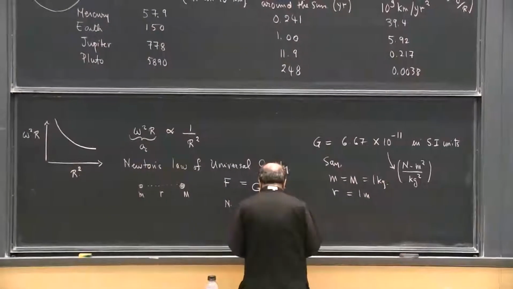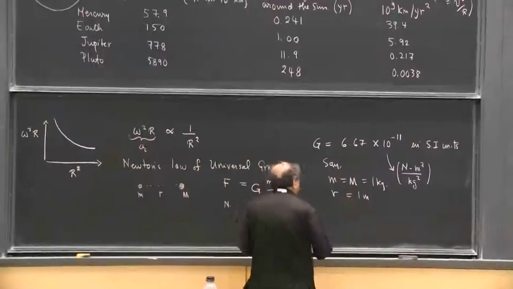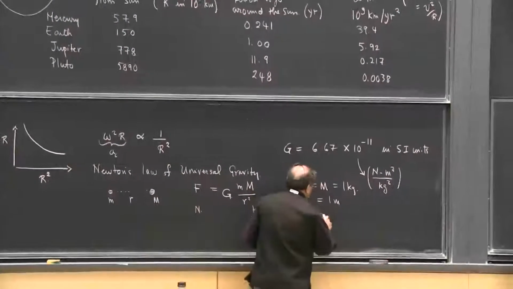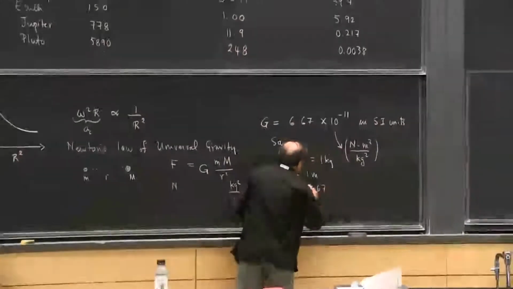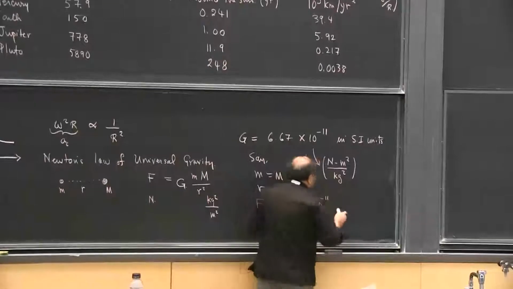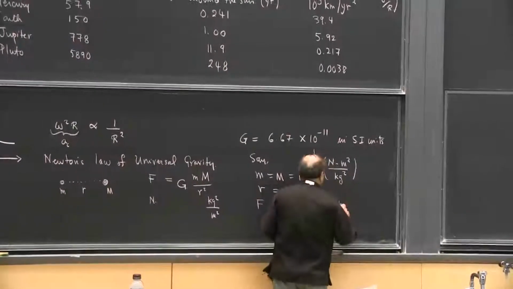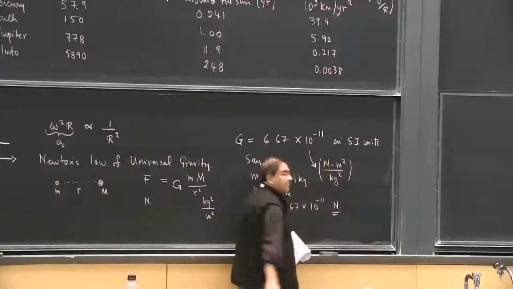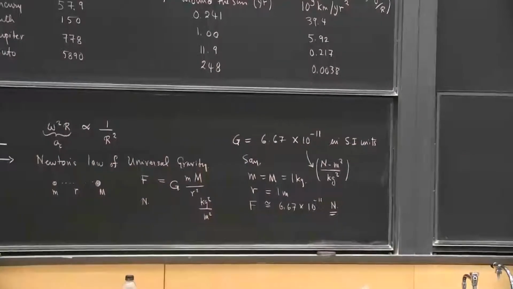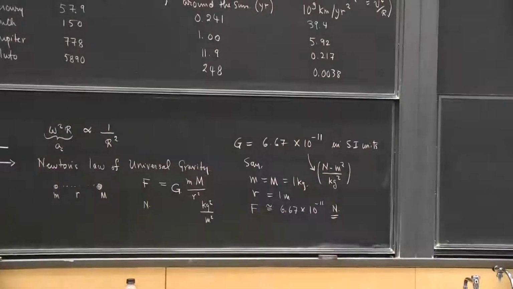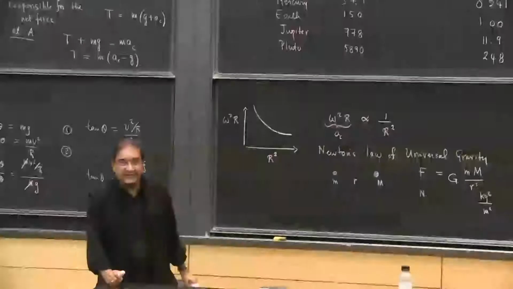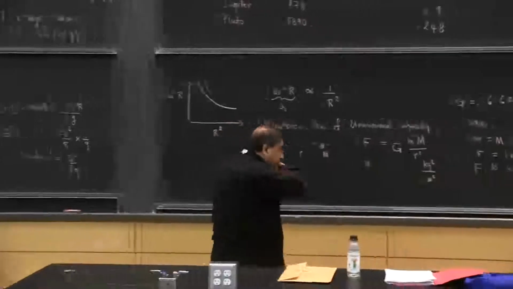Then the force between the 2 watermelons would be approximately 6.67 times 10 to the minus 11 newton. That's what it's telling us. It's going to be G. That's an extremely tiny force, and we can't feel it. Our brain, our sensory organs are not designed to feel something at that fine scale.